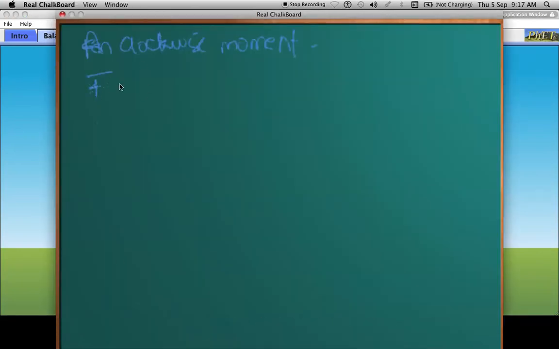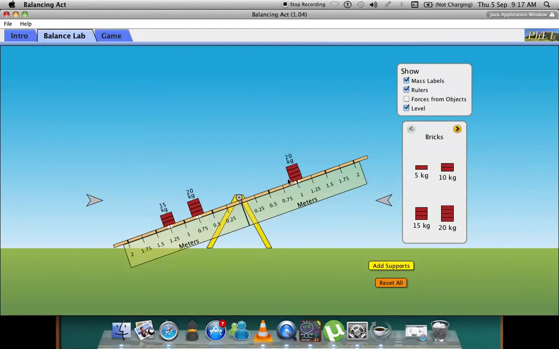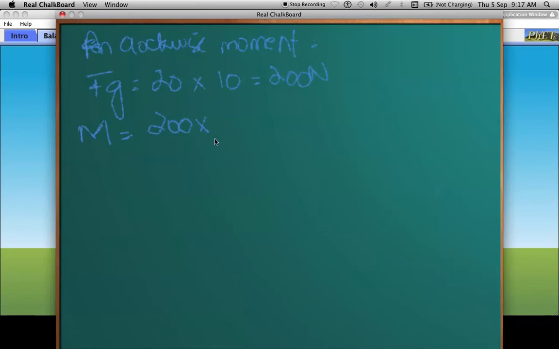So the force associated with this 20 kilograms is simply mass times g, 20 times 10, which is 200 newtons. The moment associated with this force is 200 times its distance from the pivot, which is 1 meter. This is 200 newton meters, but with a negative sign, because this is clockwise, and we decided earlier that whenever there is a clockwise moment, it would be given a negative sign.